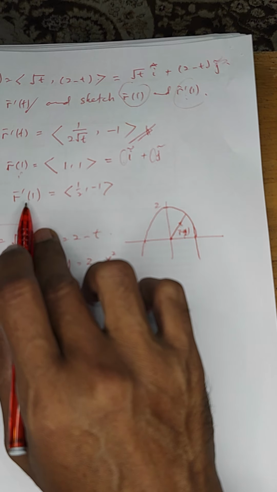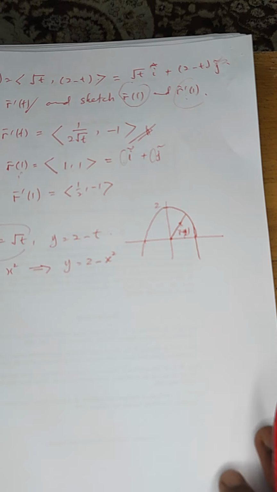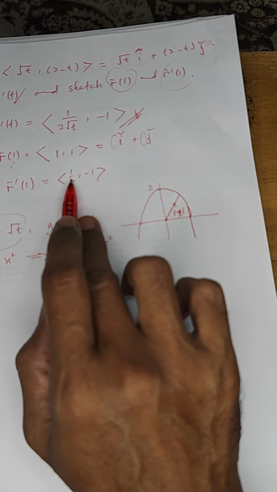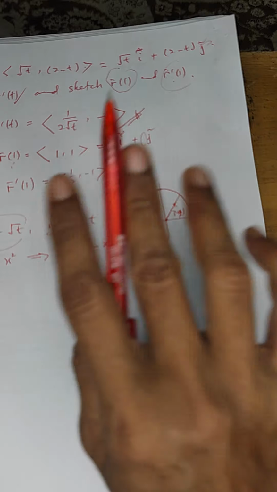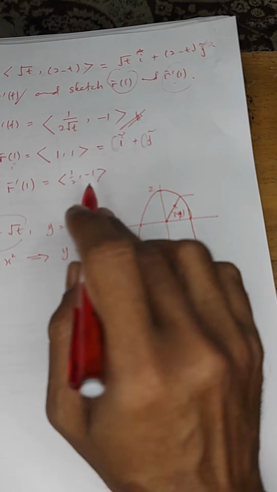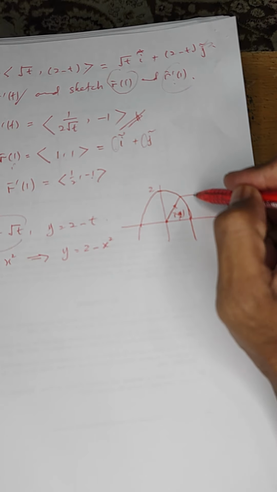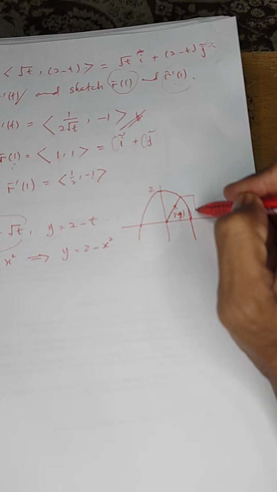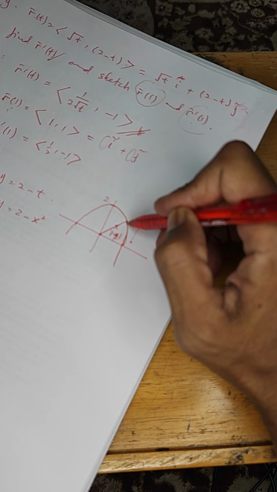And r prime(1) is given as half to the right, beginning from that point, and then minus 1 going down, so somewhere up to here.